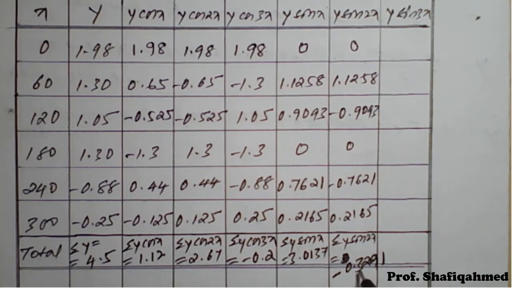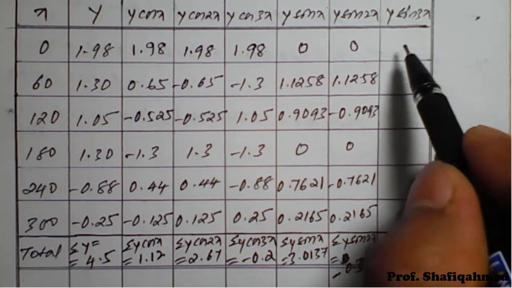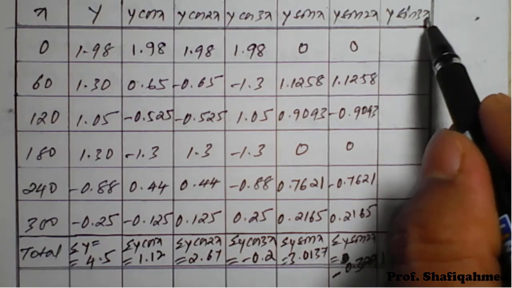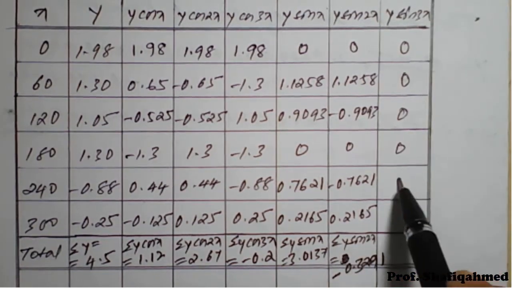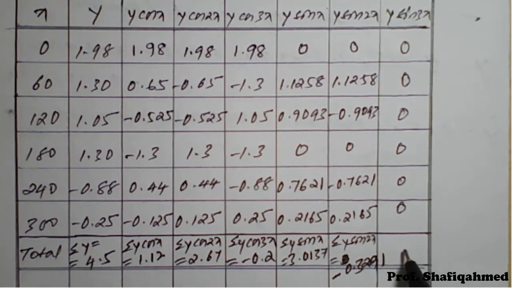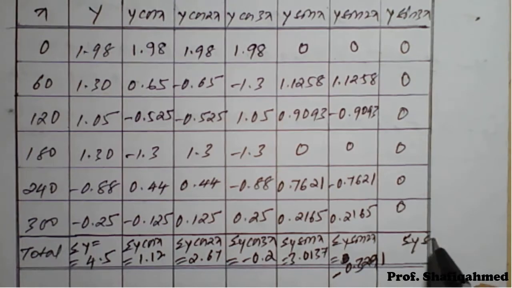So 0.3291. Next, if you calculate y sin 3x, all values will come out as 0 if you check with the calculator, and the summation of y sin 3x will be 0.